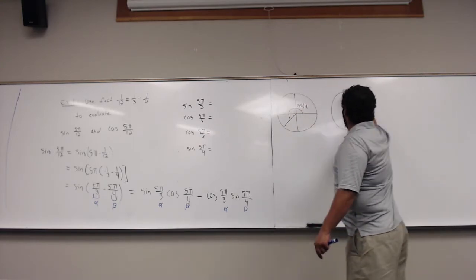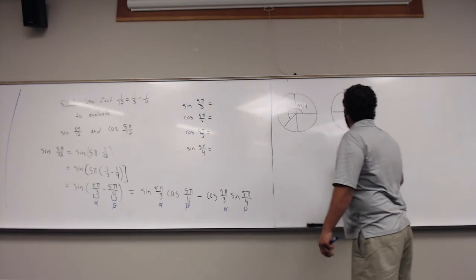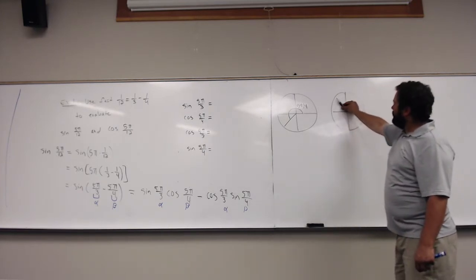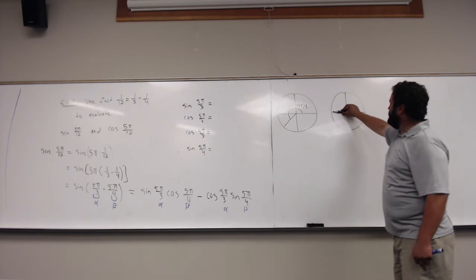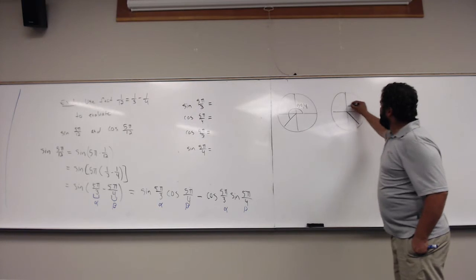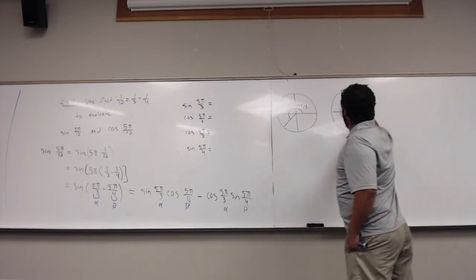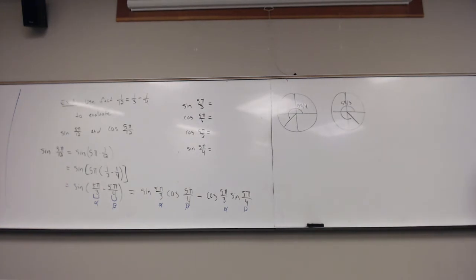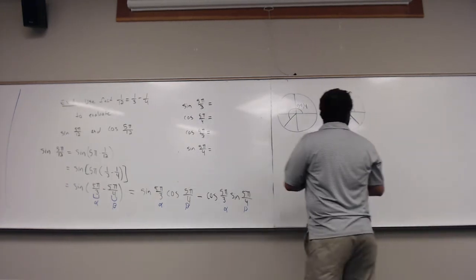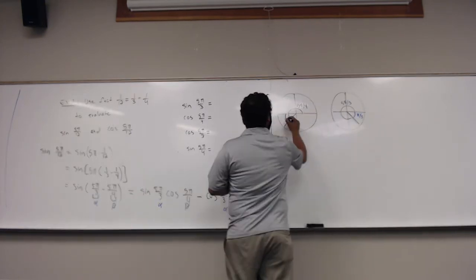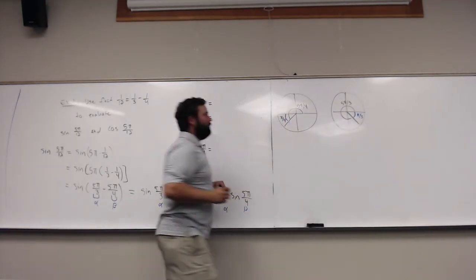And then we can look at where 5 pi over 3 is. 1 pi over 3, 2 pi over 3, 3 pi over 3, 4 pi over 3, 5 pi over 3 is going to be down here. Okay. And then we can do reference angles, because this is now going to be pi over 3. The reference angle over here is going to be pi over 4.